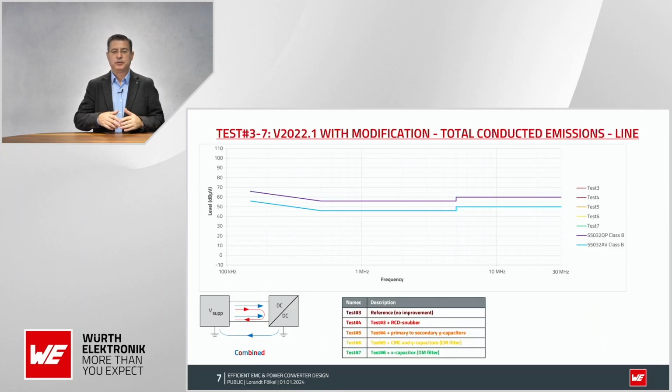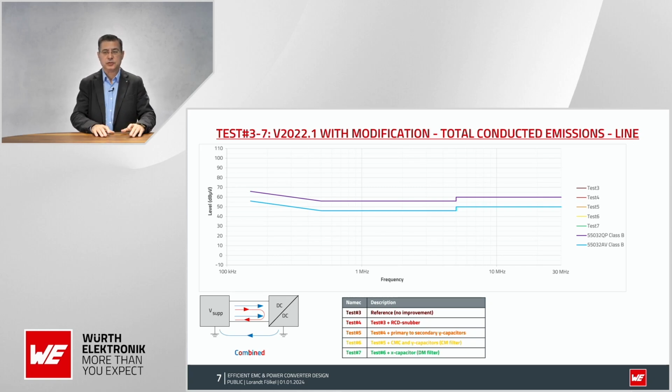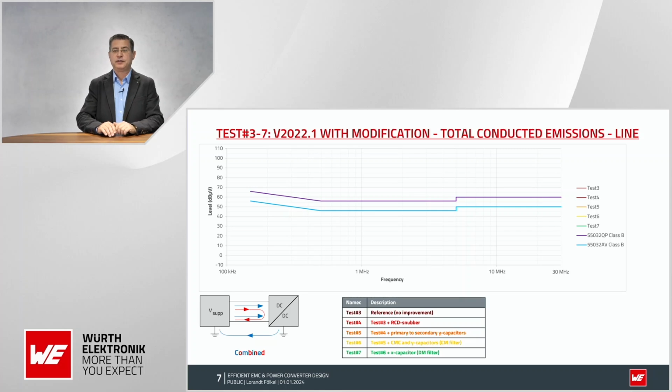So first, when we went to the EMC lab after the board was designed, we took out all these different caps and opened all the connections. We just left the flyback topology without input filtering and tried to make measurements according to the 55032 quasi-peak and averaging standard.